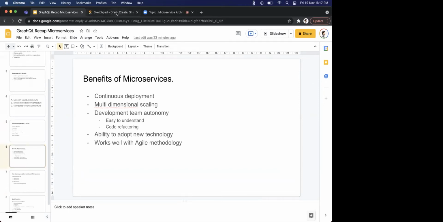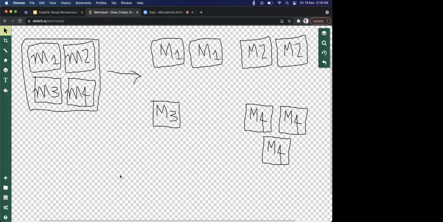I'll use a diagram to explain it. On the left, let's say this is a script with 4 different modules: m1, m2, m3, m4. Let's say this is a banking application, an HDFC banking application.